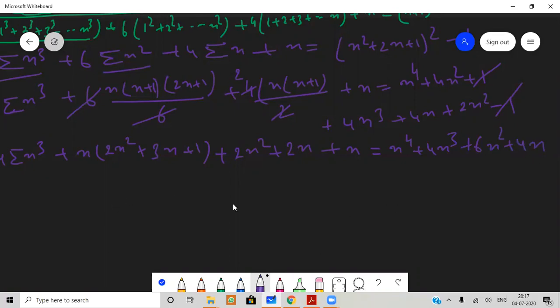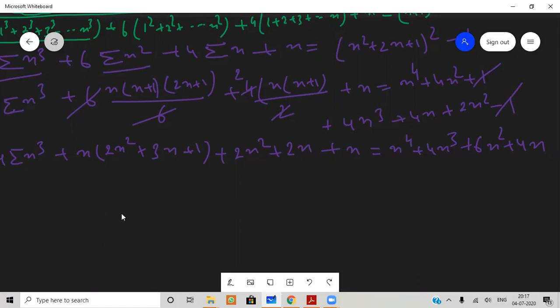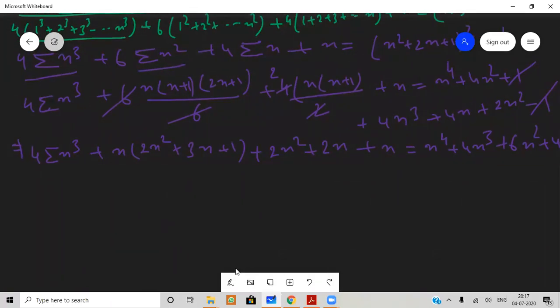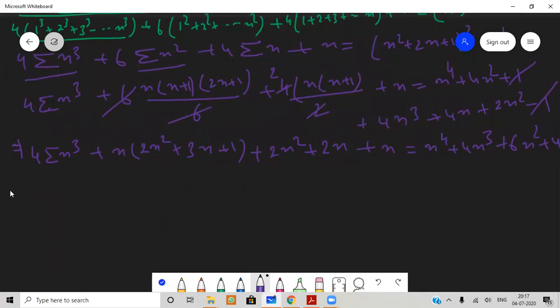All right. So now I will keep this 4 sigma n cube on the left hand side and send rest of the terms to right. So let this 4 sigma n cube be there. This will imply 4 sigma n cube is equal to, all these terms should go on the right hand side. So first, let me write the right hand side terms.